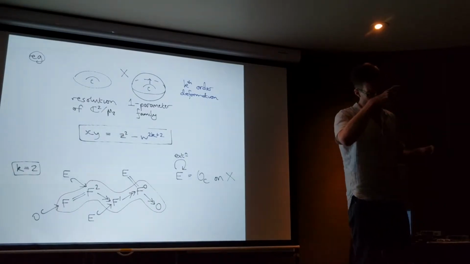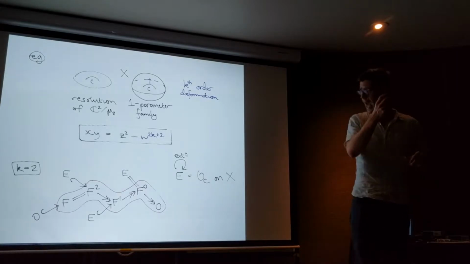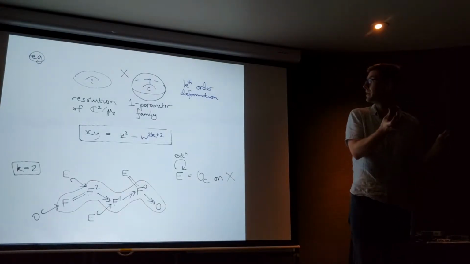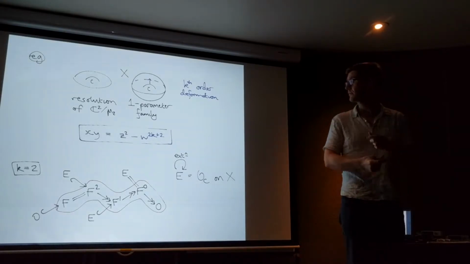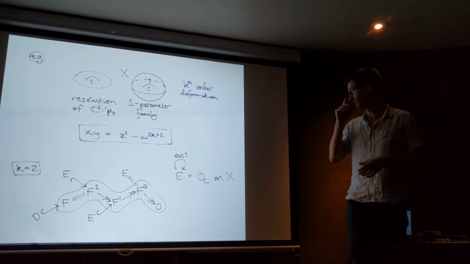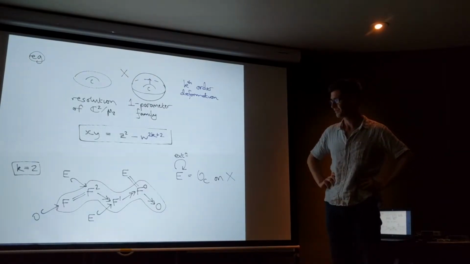So now we have a single projective line, and it has an infinitesimal deformation in the w direction, which is kth order, depending on the power of w there.